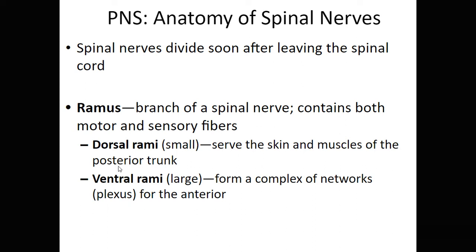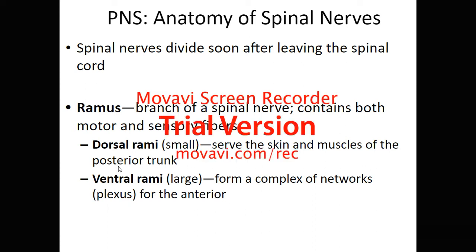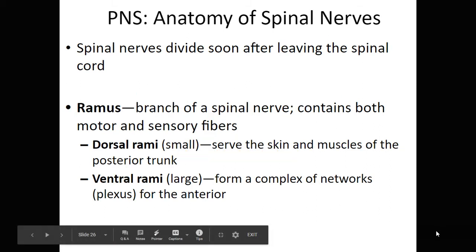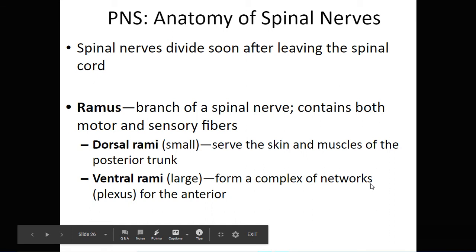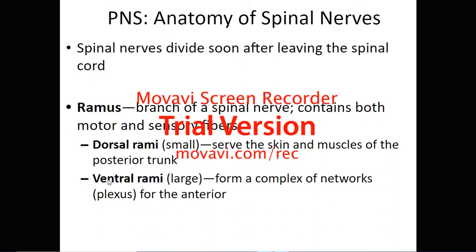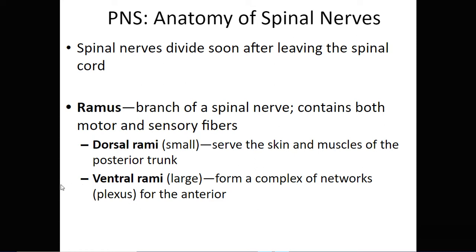Your ventral rami form a complex of networks, the plexus, for the anterior. You may remember from our terminology, dorsal means back, ventral refers to the front. In the next slide, you'll see an image of what's going on.